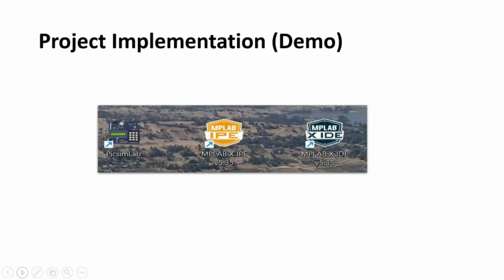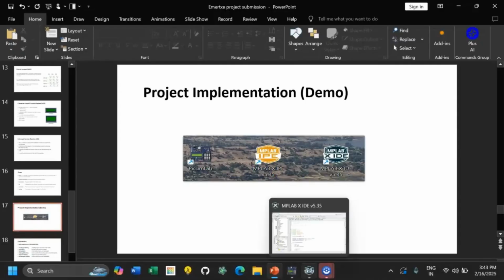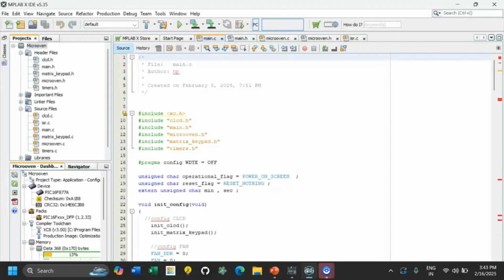Now we will see the project implementation, and for that we use the software PIC, MPLAB IDE version 5.35. This is the programming part of the microwave oven.